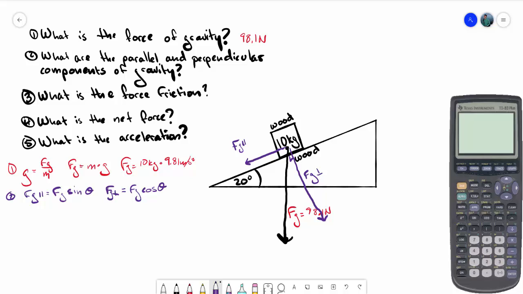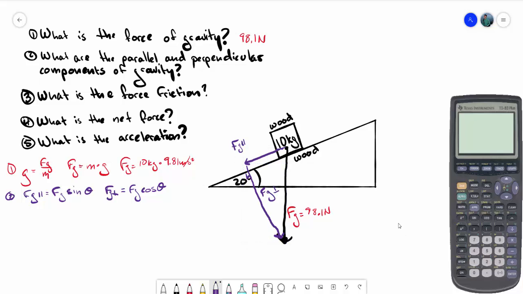Now, just to be clear, if we were to take these vectors and rearrange them, you'll notice that their resultant is equal to the force of gravity. These purple vectors, these components of gravity, force of gravity parallel and the force of gravity perpendicular, they are the force of gravity. We just broke it up into components of this larger vector.